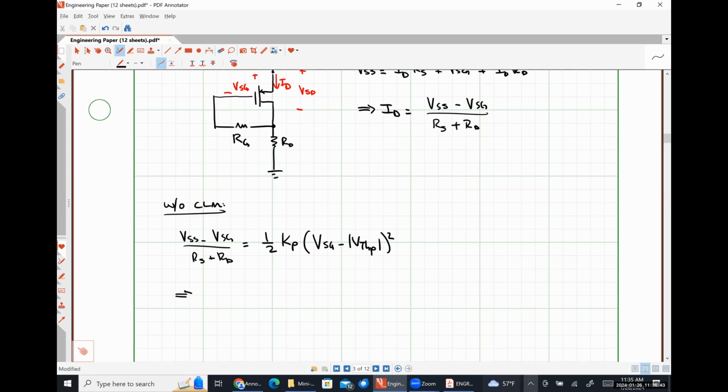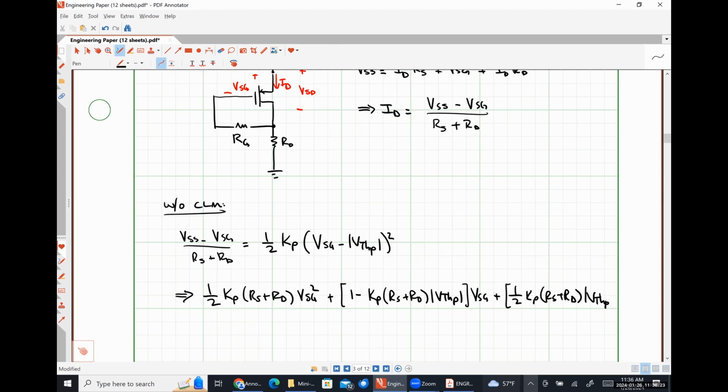So rearranging this is going to give us 1/2 KP times RS plus RD times VSG squared, plus 1 minus KP RS plus RD times the absolute value of VTHP, all of that times VSG, plus 1/2 KP RS plus RD, absolute value of VTHP squared, minus VSS, ran out of room there, is equal to 0.